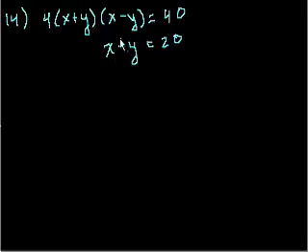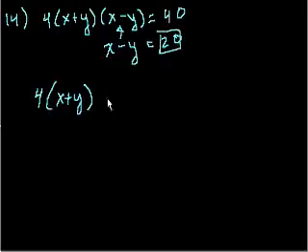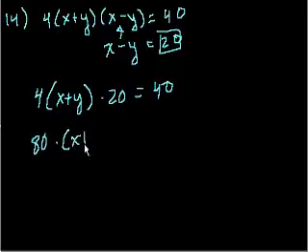Well, we know x minus y is equal to 20, so we can just substitute that right here. So then we get 4 times (x plus y) times 20 is equal to 40. Or if we multiply 20 times 4, we know that 80 times (x plus y) is equal to 40.